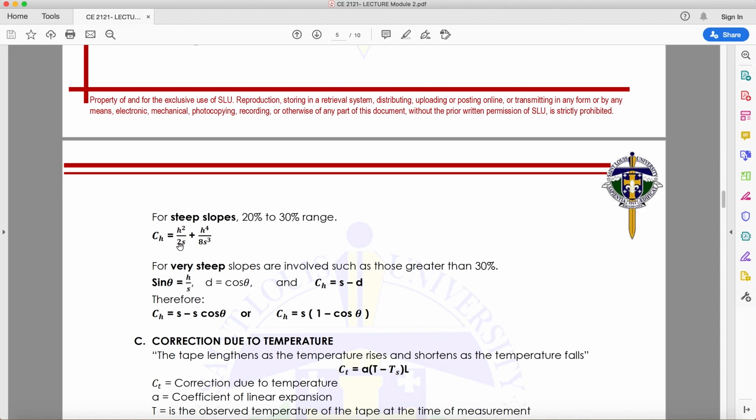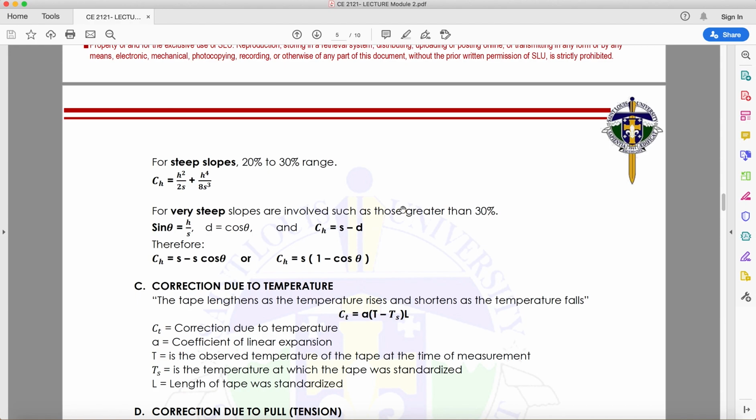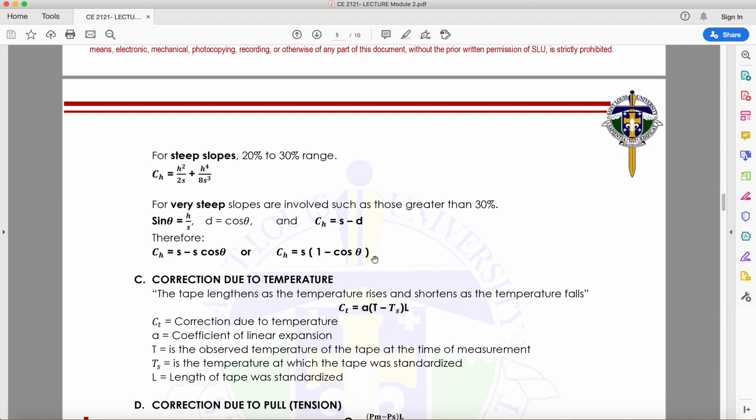CH is h squared over 2S plus h raised to the fourth over 8S cubed. For very steep slopes, such as those greater than 30%, sine theta is equivalent to H over S, D is equivalent to S cosine theta, and CH is equivalent to S minus D. Therefore, this will be our working equation. So CH is S minus S cosine theta, or factor out S, CH is S times quantity 1 minus cosine theta.